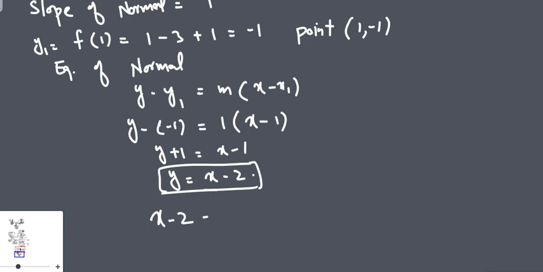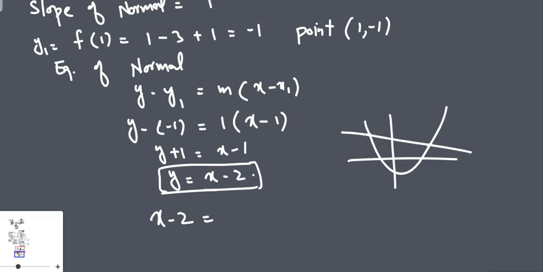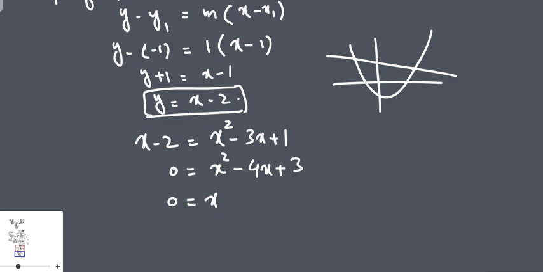At the point where they intersect, the quadratic function and this line become equal. So I equate x squared minus 3x plus 1 with x minus 2, which gives x squared minus 4x plus 3, and the factors will become x minus 1 and x minus 3.